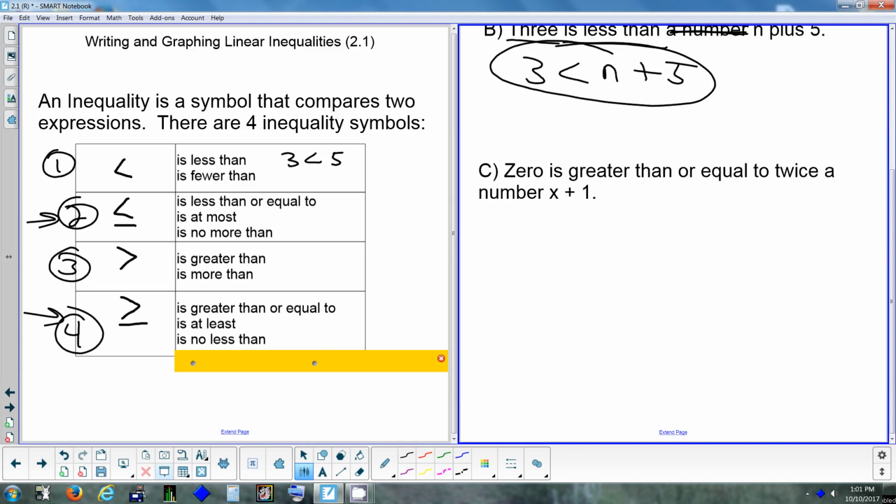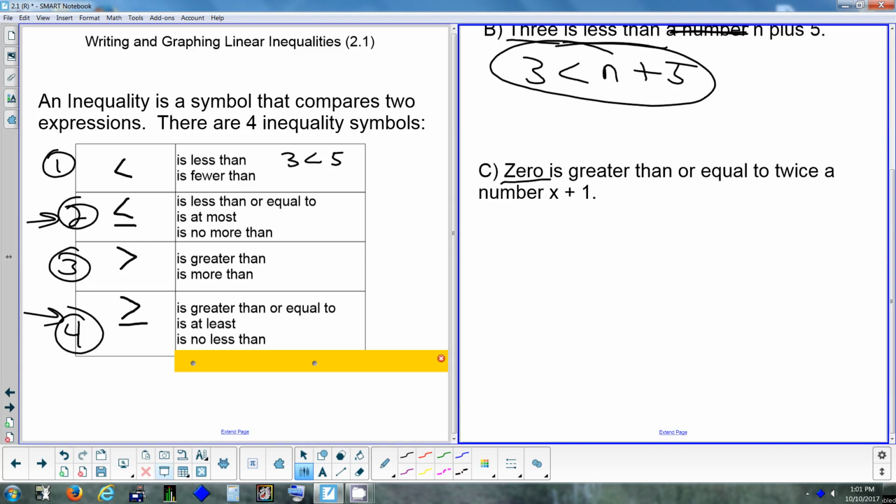So let's start with the first thing. Mackenzie, what would be the first thing I write down? Even before the greater than. I am going to put a greater than, but what's going to be before it? 0. Exactly.